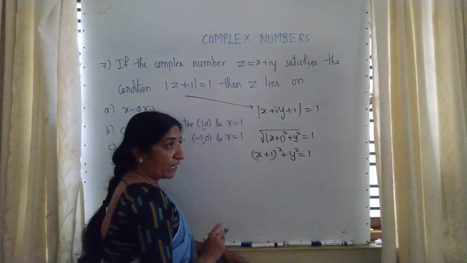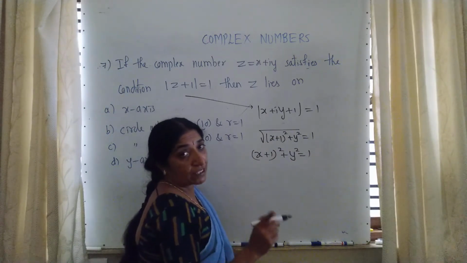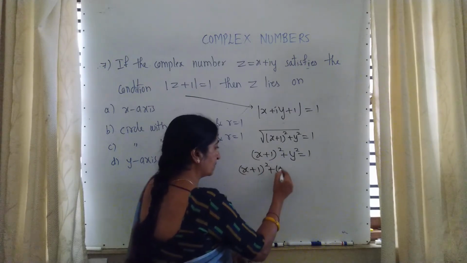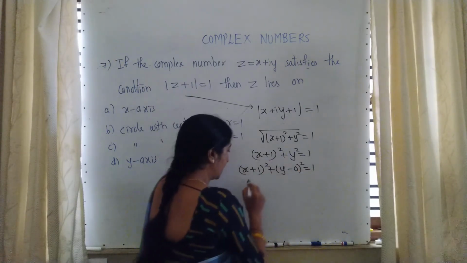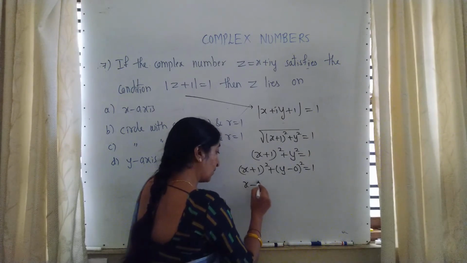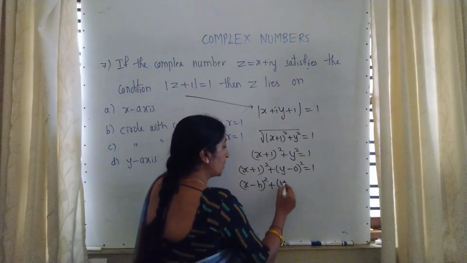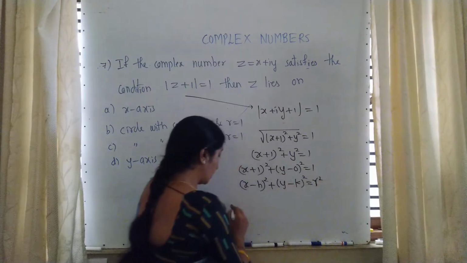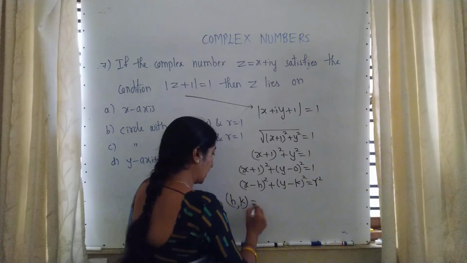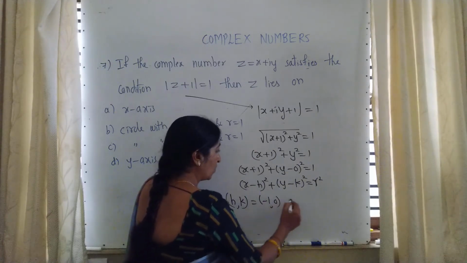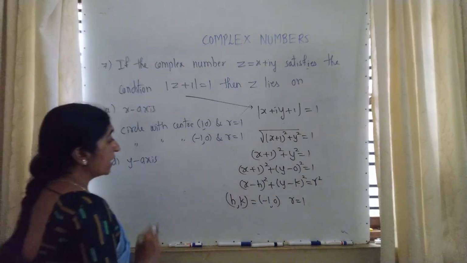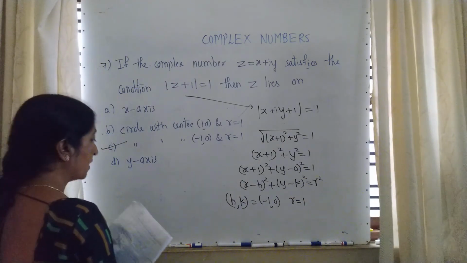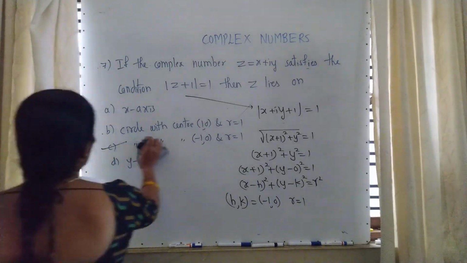And there is no need to expand, because if you are thorough in first year analytical geometry, this will be written in the form of (x minus h) whole square plus (y minus k) whole square is equal to r square. So what is the center? Center is (h, k). Compare these two: minus 1, 0 and radius is 1. So it represents a circle with center (minus 1, 0) and radius 1. Moving to the next question.